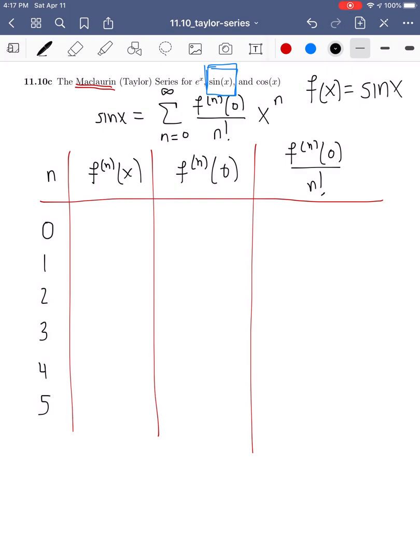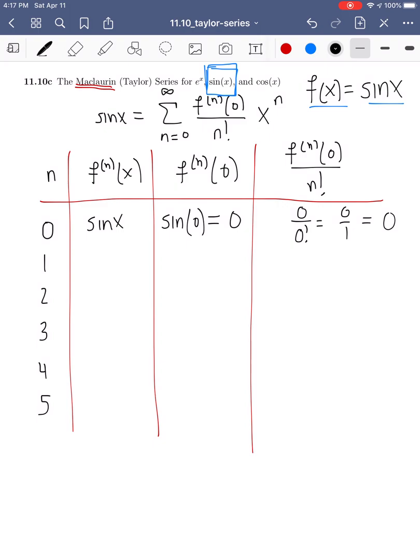If we take the 0th derivative of sine of x, that's just the function itself. If we evaluate sine of x at 0, remembering our trig, this is just equal to 0. So this coefficient is just 0 over 0 factorial, which is 0 over 1, which is 0.